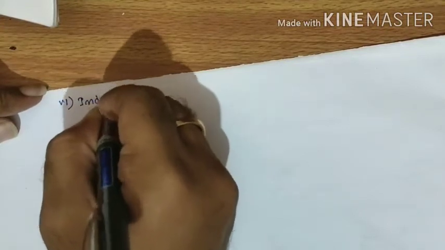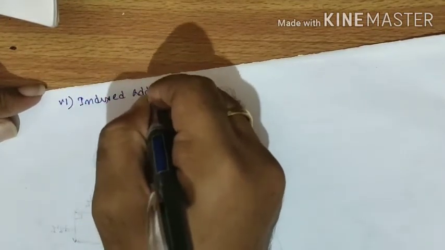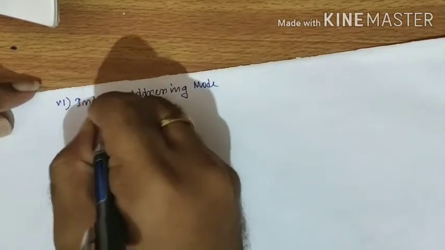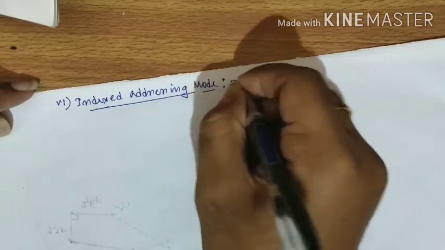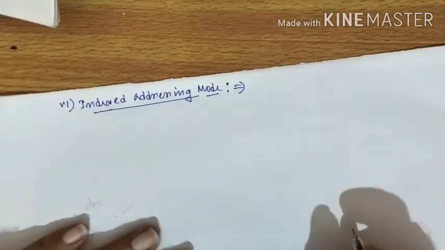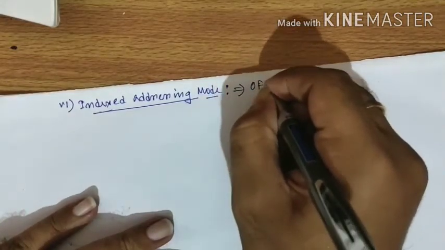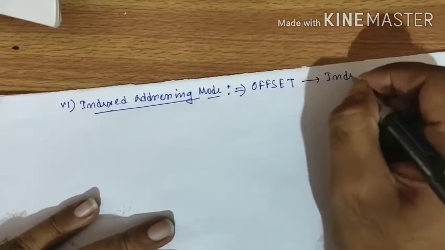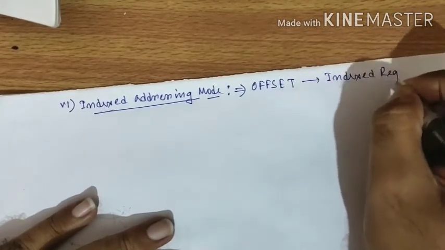Then number 6, that is index addressing mode. Hopefully now we can understand, the name itself suggests that the offset will be within an index register.